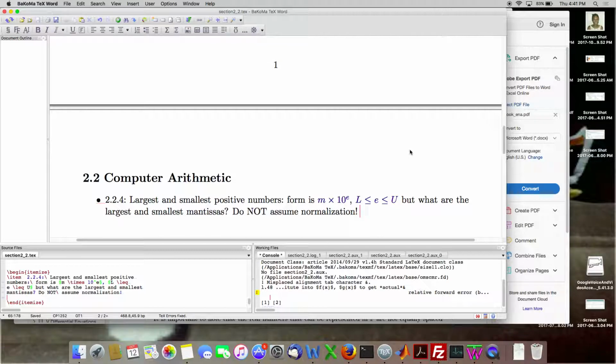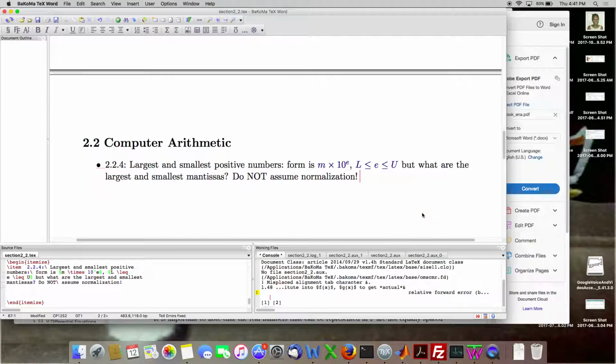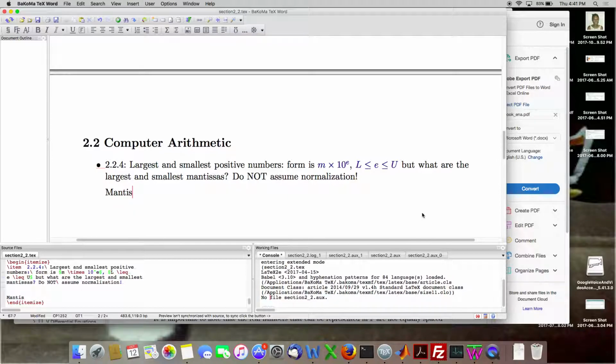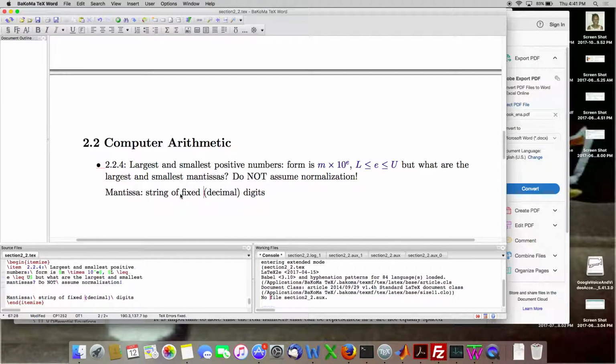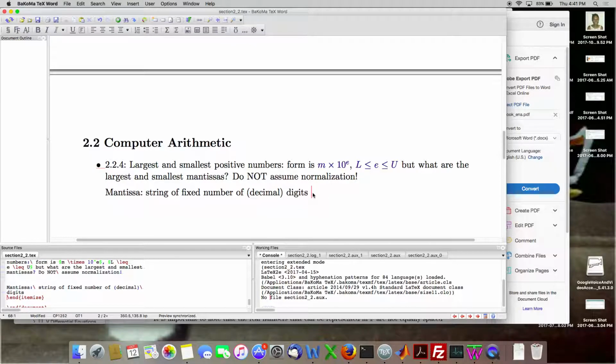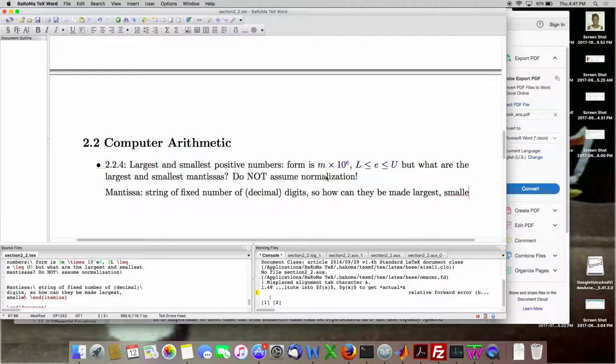The thing to keep in mind here is it's a string of digits. In this particular problem, beta is equal to 10, so it's a string of decimal digits. But also it is a fixed number of decimal digits. How can it be made largest or smallest?